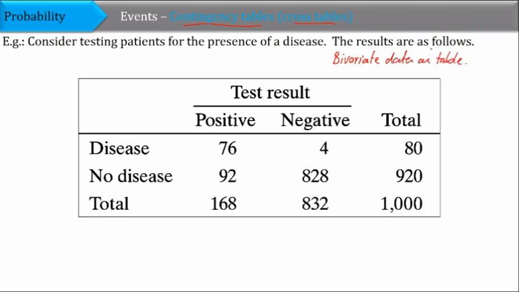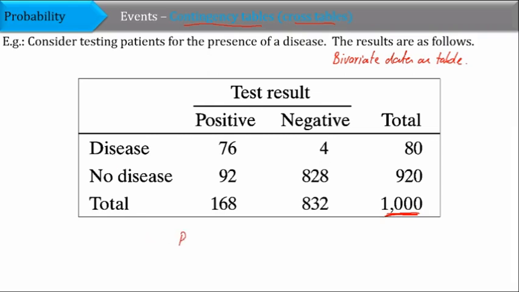Now, how can we say that we have bivariate data on the table? Well, it says here, consider testing patients for the presence of a disease, and the results are on the table. So there's obviously 1,000 people that were tested, and the test result is the one variable, and whether the person has the disease or not is the other variable. So there's two variables.